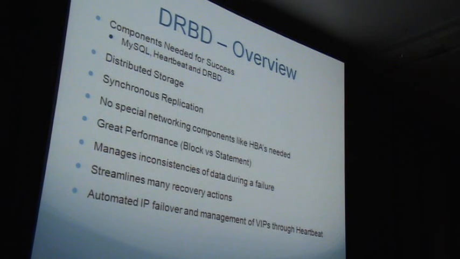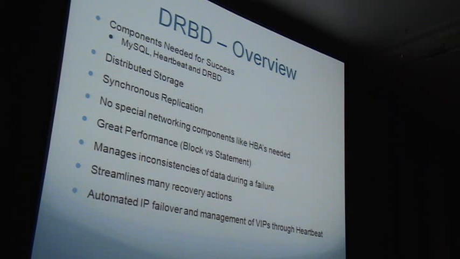So DRBD, we're getting into the 4 to 5 nines of availability now. DRBD is absolutely awesome. Great technology. It's been around forever. The components needed for success are MySQL, Heartbeat, and DRBD, and those are the three things that you're really going to run a highly available system with.